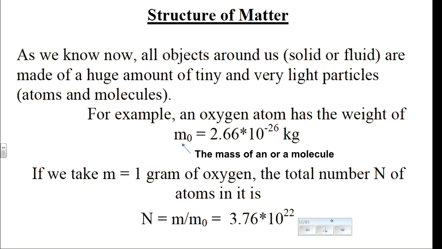The mass, for example, of the oxygen atom. And if we take even a small amount of matter, like 1 gram, inside we're going to have a lot of those particles. So these numbers are not very intuitive, so people have invented better, more intuitive numbers.